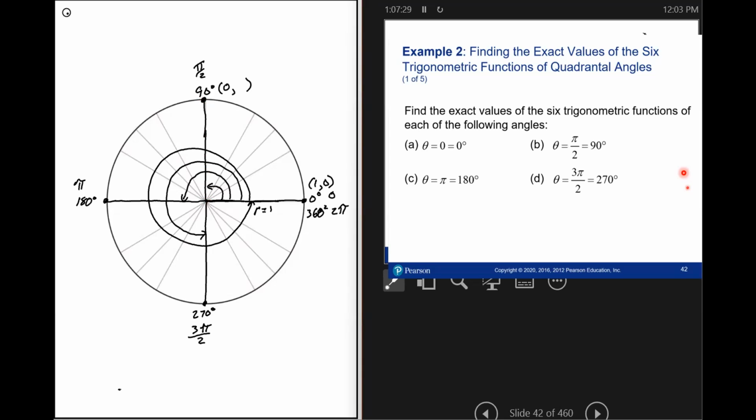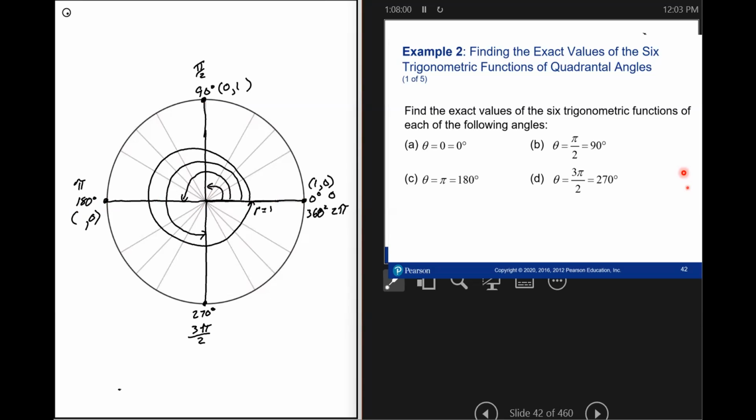Exactly. The fact that it's a circle is confusing some people, but we're just looking at the coordinates now. We know this distance is 1. This is in the Y direction. It went 1 unit up, and the X value on this line is 0. For this quadrantial angle, we're staying on the X-axis, so the Y value stays 0. So this point, the Y value is 0, but what's the X value?